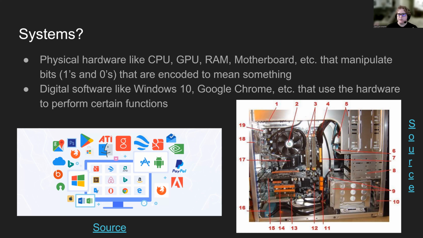And these are the things that actually manipulate the bits, the ones and zeros, like the slide says, that are encoded to mean something. So what I tell people is to think of a string of light bulbs. Some are on, some are off. The ones that are on are ones, the ones that are off are zeros. Say there's 8 light bulbs and the first 4 are off and the last 4 are on.